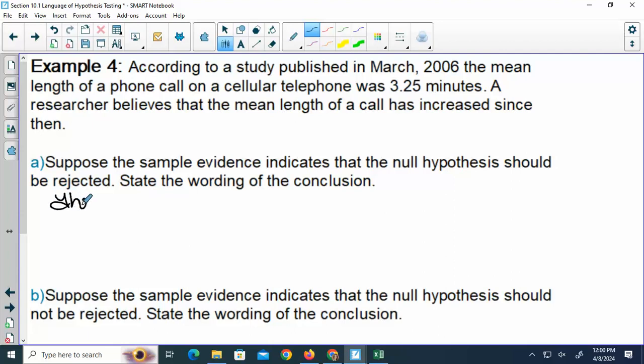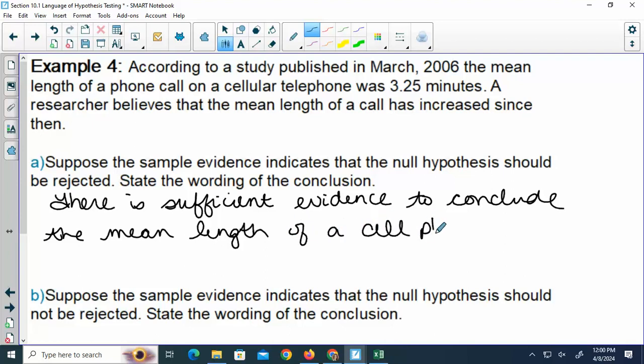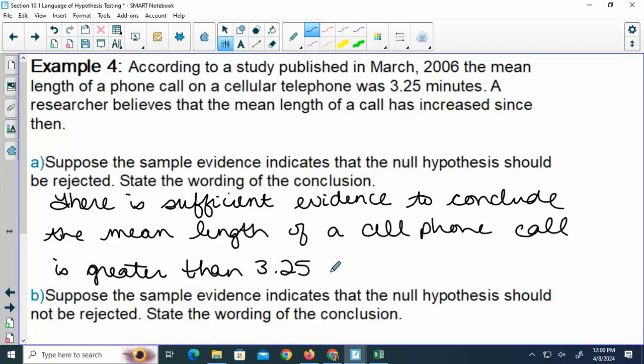We would say, there is sufficient evidence to conclude the mean length of a cell phone call is greater than 3.25 minutes.